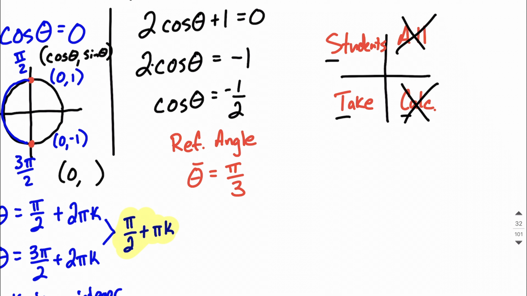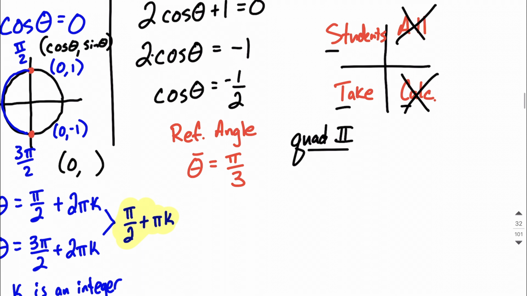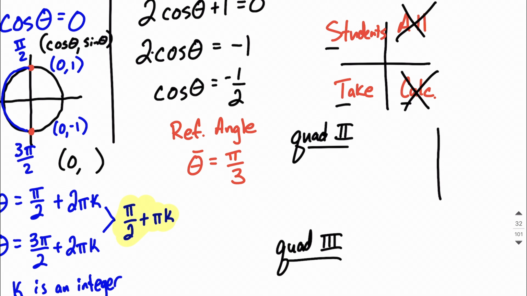So that leaves us needing to find a solution in the second quadrant, and a solution in the third quadrant. To do so, we'll use that reference angle. For the one in the second quadrant, you start with pi, and then you move backwards however big that reference angle is.